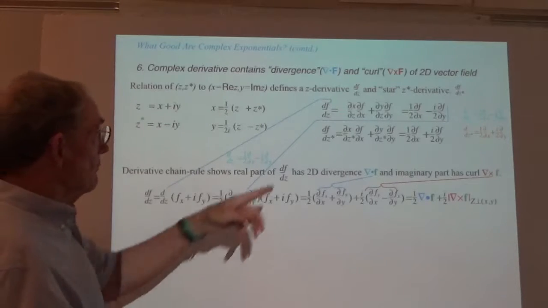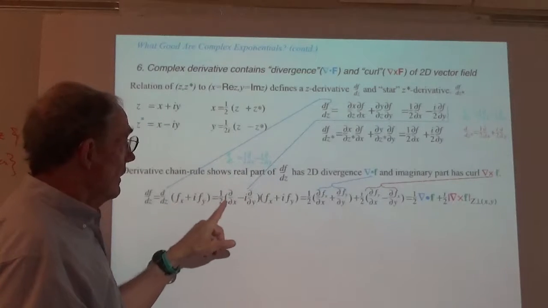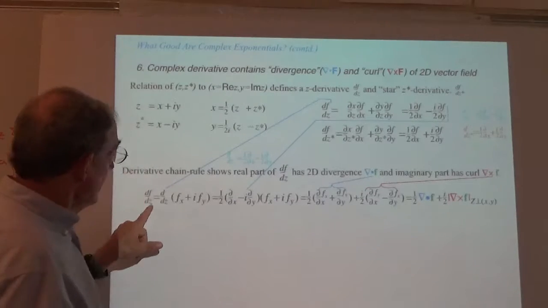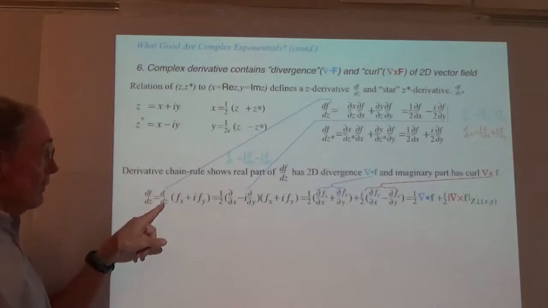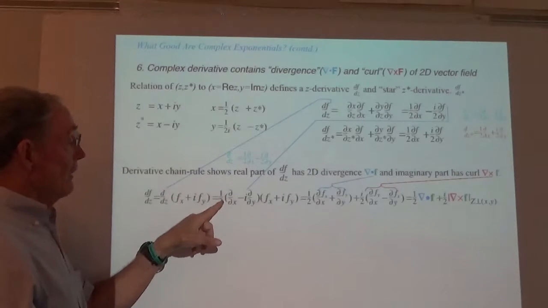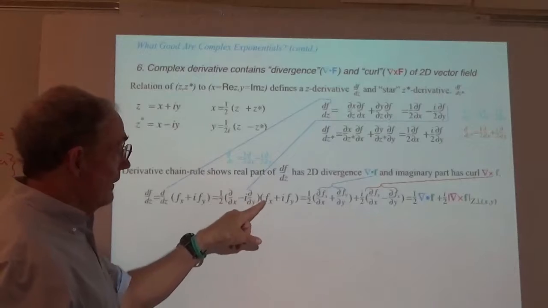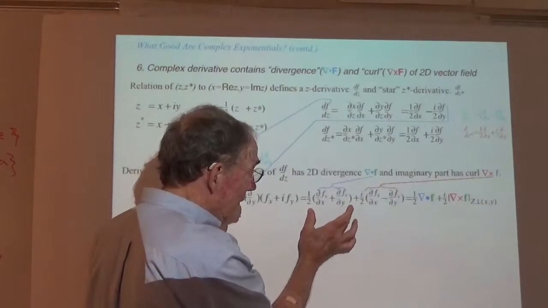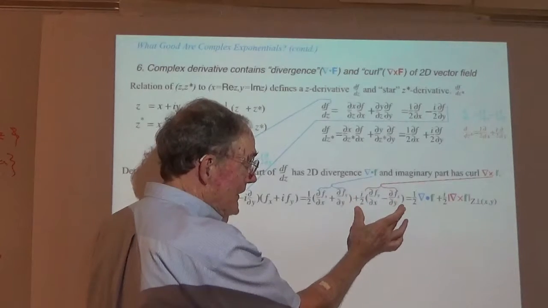That's what makes this so darn powerful. So I'm just pulling these guys aside here to be used. I'm doing a ddz, so it's a ddz only. I'm not going to mess with that guy for a while. It means I put this guy in there, and then I just multiply it out. Okay, I've got a real part here. I've got an imaginary part here.